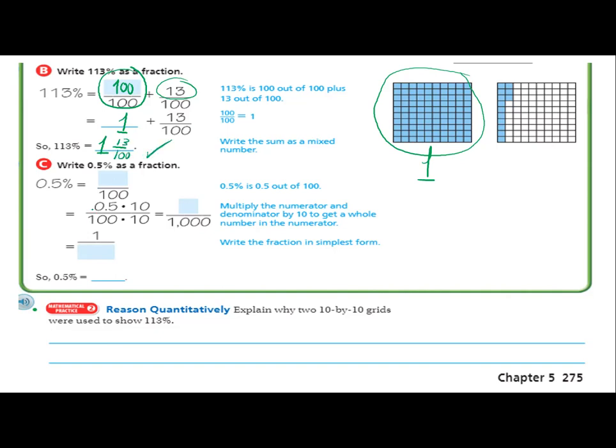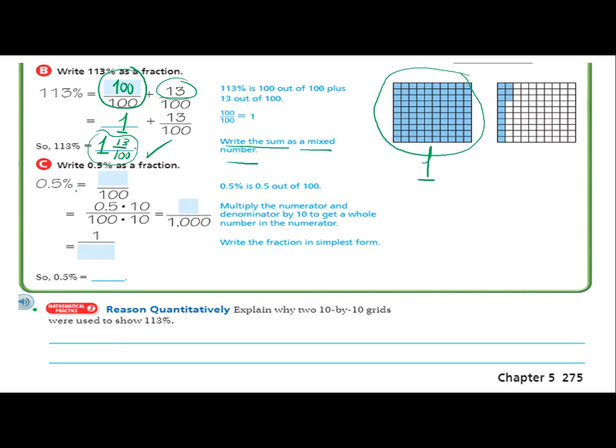Good job. That's the answer. So 100 over 100 means one whole, and 13 over 100 as a fraction. Write the sum as a mixed number, because we have 113%, greater than 100.